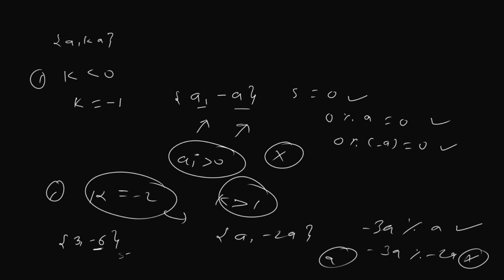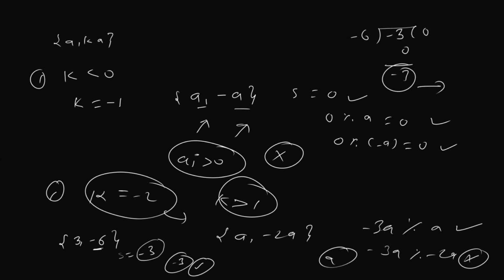The sum would be -3, and when we divide it by 3, it would give remainder 0. But when we divide by -6, it would give a remainder -3. Yes, it would give a remainder -3. So -3 remainder we will get.